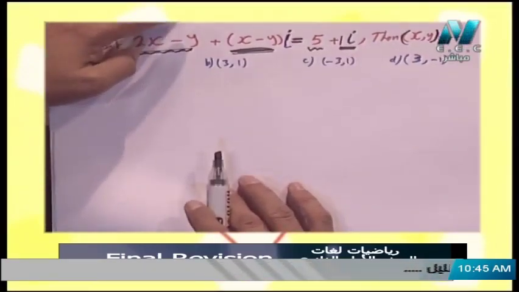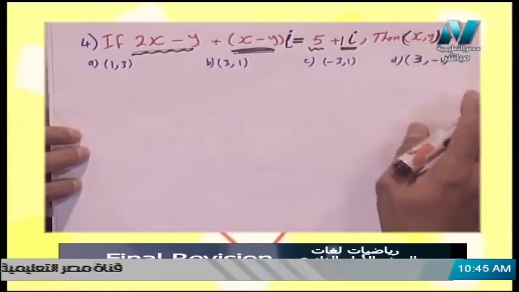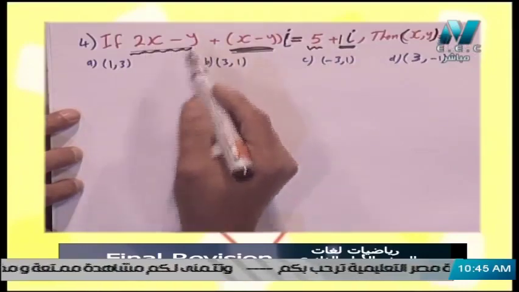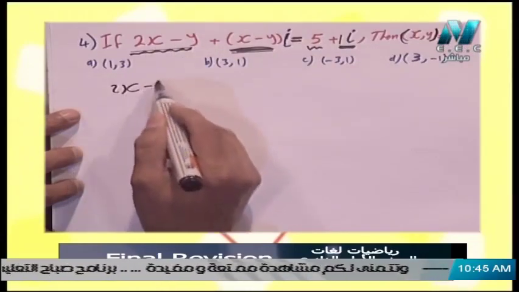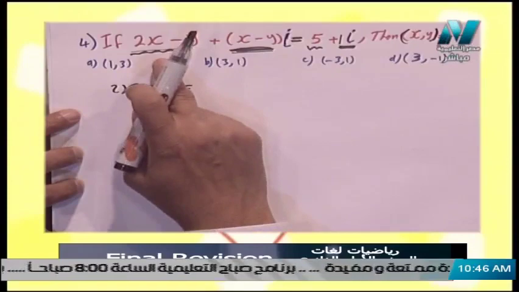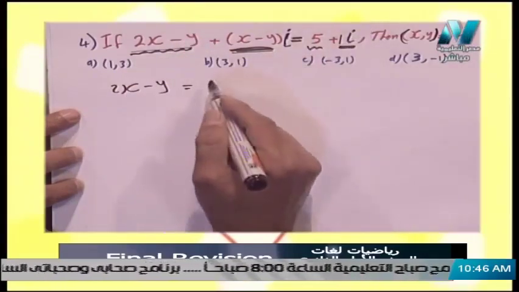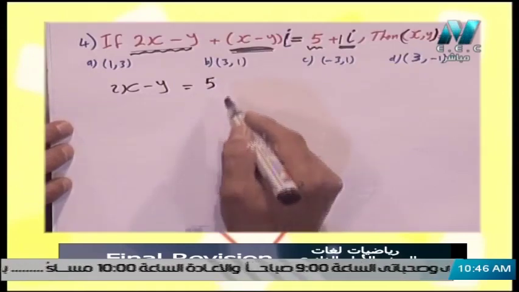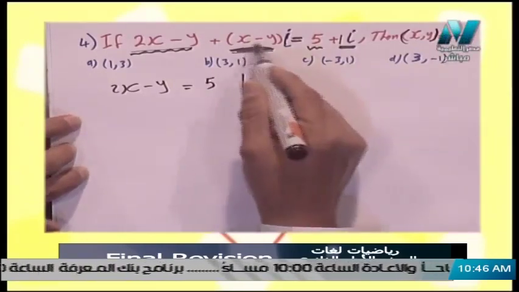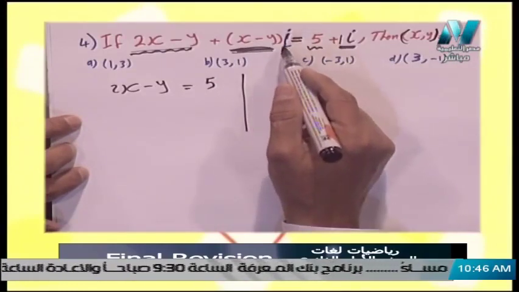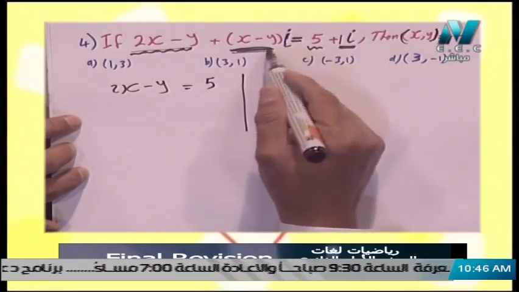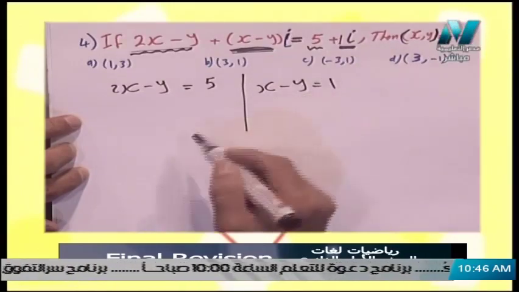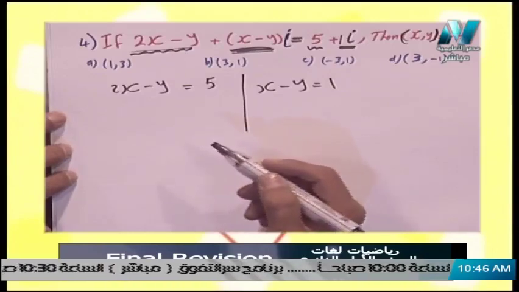Okay, we have here 2x minus y, this real part equals 5, which is the real part of the other side, and x minus y here is the coefficient of i, so it's the imaginary part. x minus y equals 1. So we have two equations here.